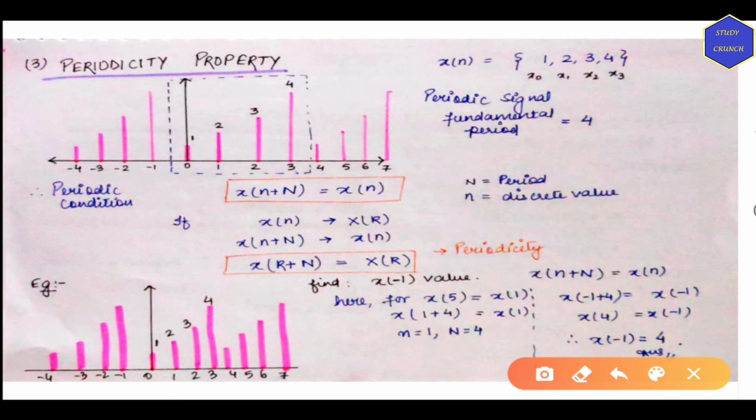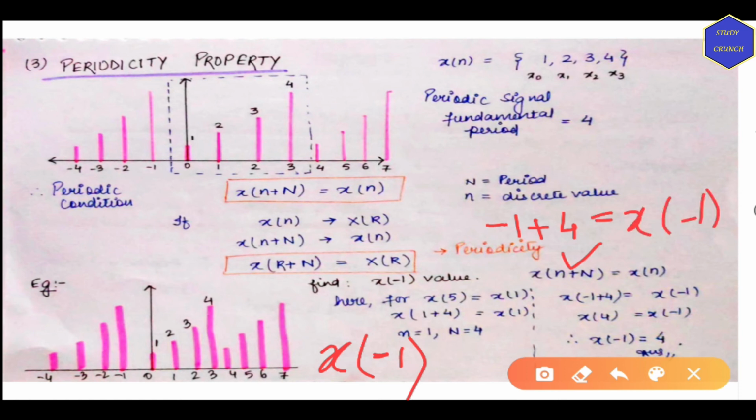Let's see an example. Taking the same example, we have to find the value of x of minus 1. How will we find it? You know that x of n plus N is equal to x of n. So if we put n as minus 1, then minus 1 plus 4 will give us x of minus 1.